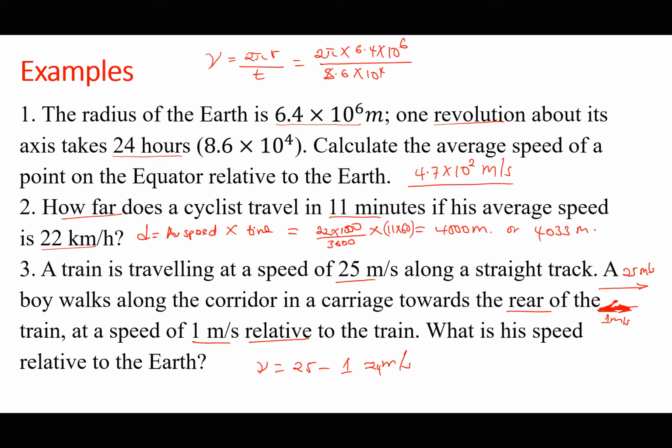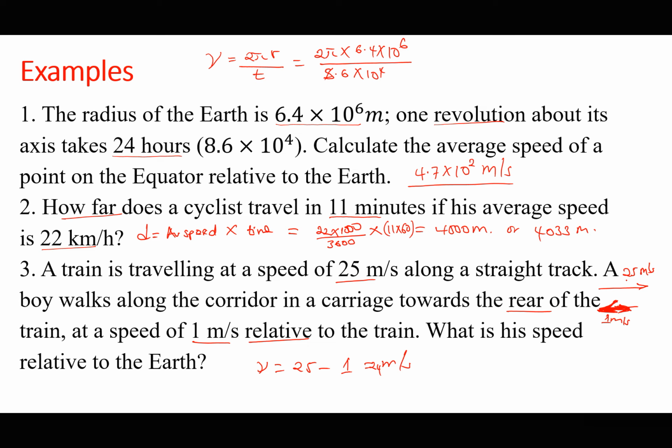If the boy was moving in the same direction as the train, the relative speed would be higher than 25. But if he's moving to the rear end, that is towards the back, then the relative speed between the train and the boy is going to be lower.